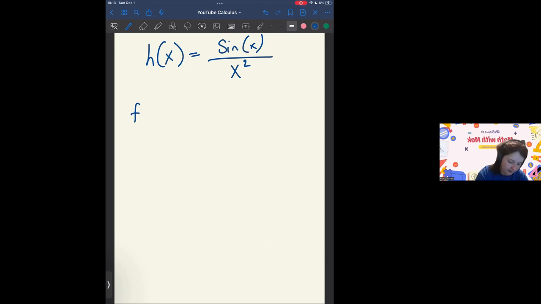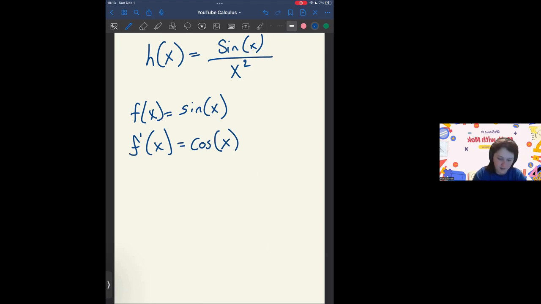So we have our f of x is sine of x. And our derivative of that is cosine of x, right? Well, then our g of x is x squared. And our g prime of x is 2x, right? So then all we have to do is plug and chug, right?